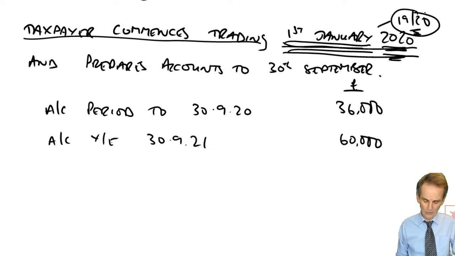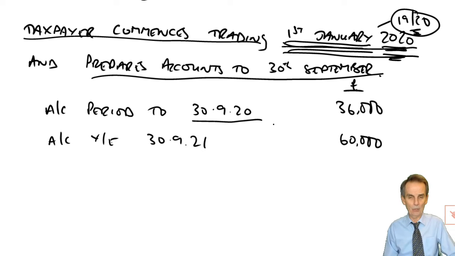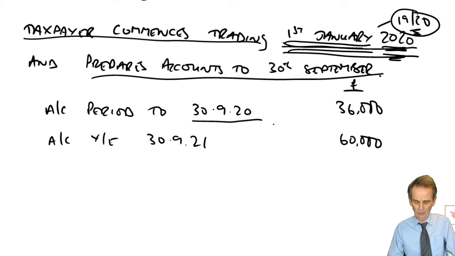And then what does the taxpayer do? Prepares accounts to the 30th of September in each year, starting with the accounting period through to the 30th of September 20. So started on the 1st of January 2020, prepares accounts for clearly then what is a 9-month period, the 30th of September 20. Again, do understand that that opening period doesn't have to be a 12-month period.